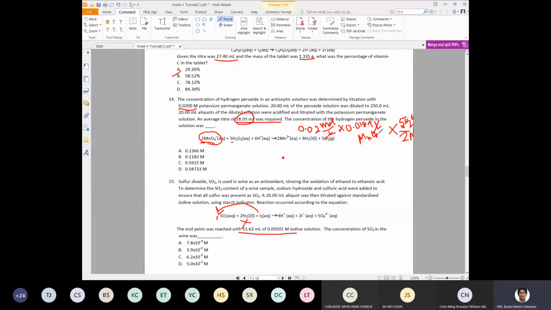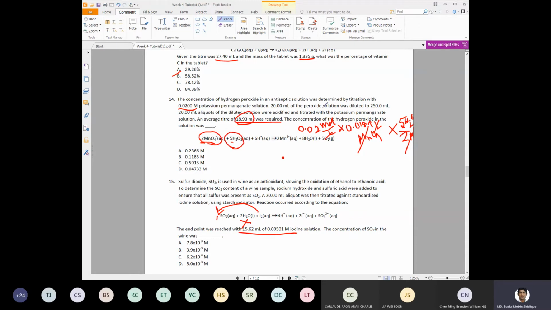This MnO4 will be cancelled out, so only the number of moles of hydrogen peroxide stays, and that is how we find the number of moles of hydrogen peroxide in the solution.